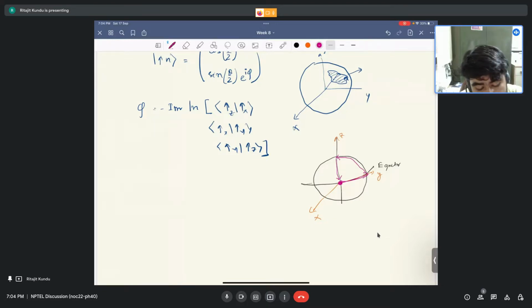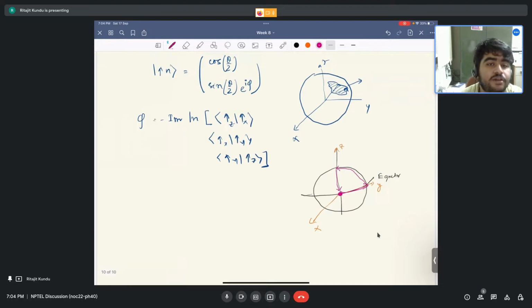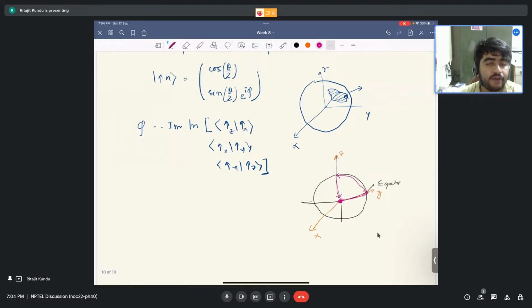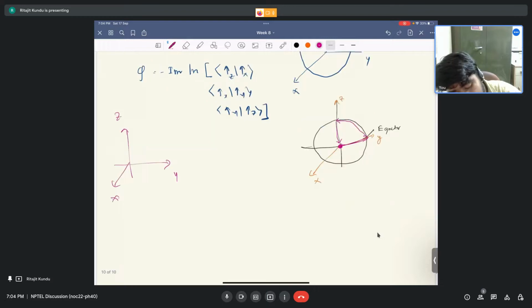To do that, you first have to put in these different values of theta and phi to get these states. Let me show you how to do that for this case. Let's make a cleaner plot: X, Y, and Z, this is the r hat direction, this is theta, and the projection is phi.